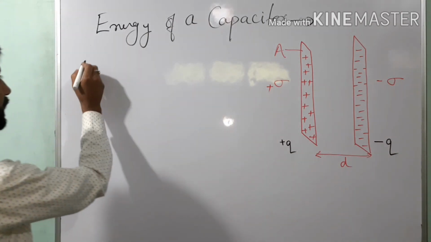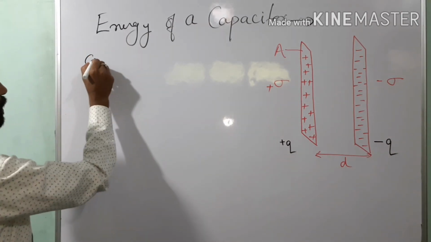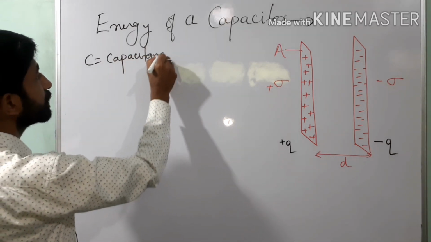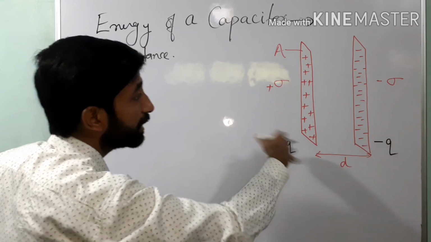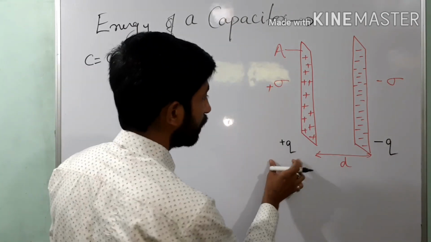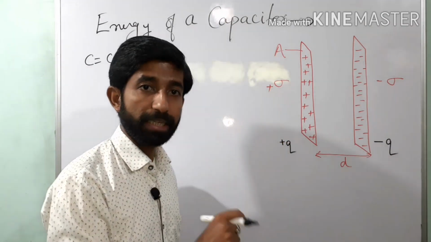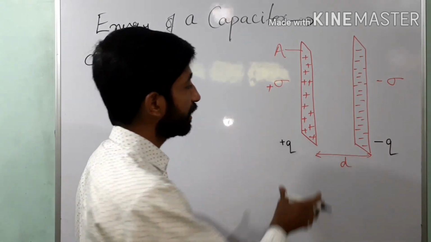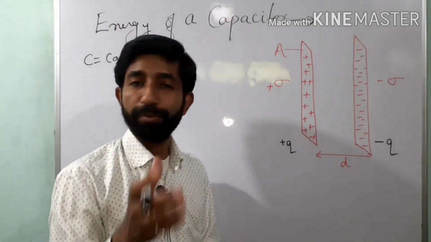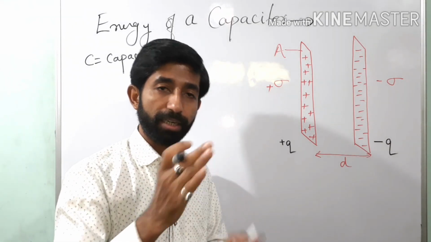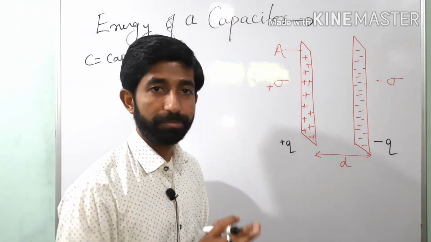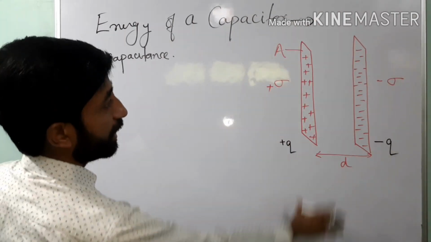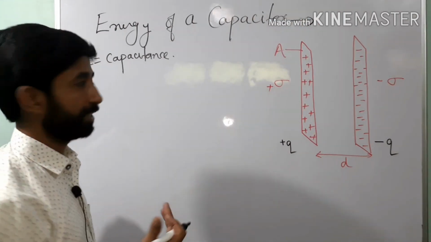C is the capacitance of this parallel plate capacitor, and you cannot change the capacitance, that is decided by the manufacturer. A bottle has a fixed capacity of 1 liter, you cannot increase that unless you cut it. That's not part of the scene. We are simply supposing that it has a fixed capacitance.